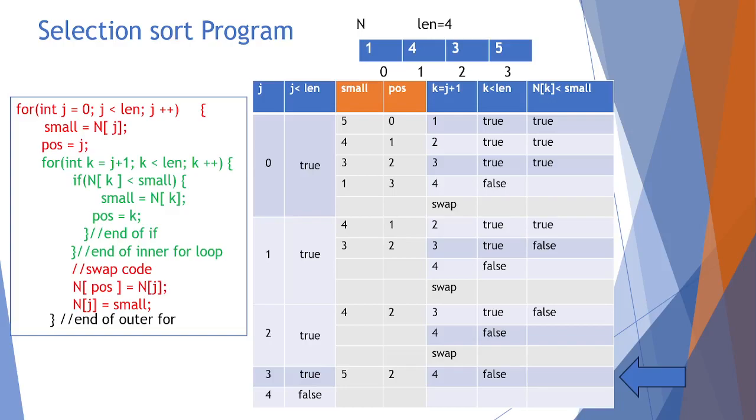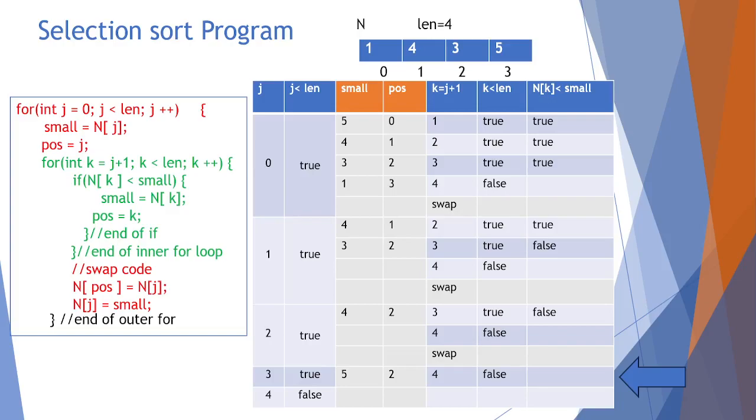And again it is checking n of k less than small. Small is 4 in the first iteration of j, index 1. k is 2, n of k is 3. Is 3 smaller than 4? Yes. Then immediately update small and pause to 3 and 2.